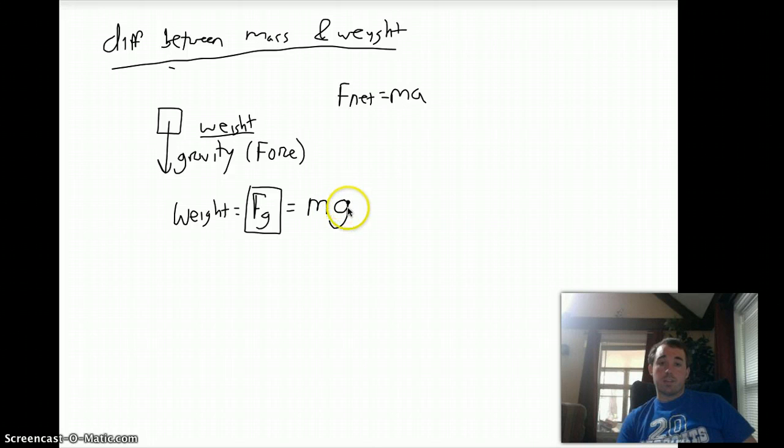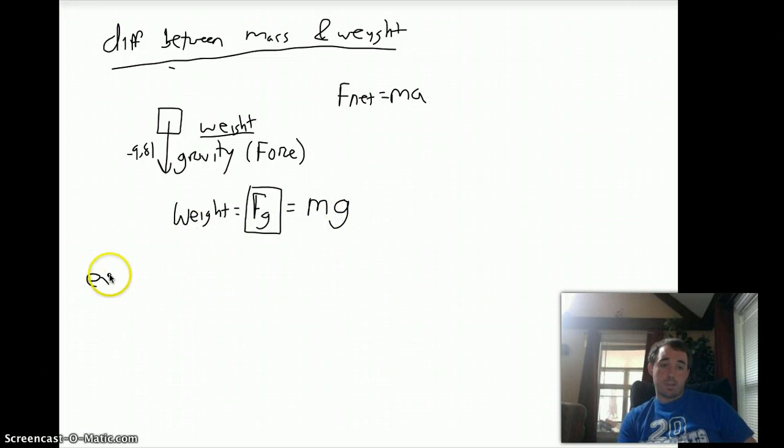So again, g is negative 9.8. And that negative 9.81 is because of this down arrow. Gravity's always pulling with a force downward. So if you know the weight, you know the mass.